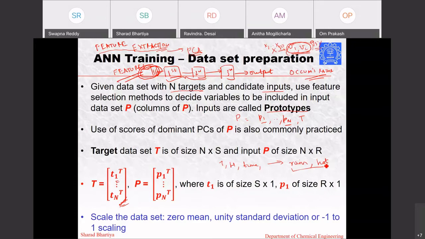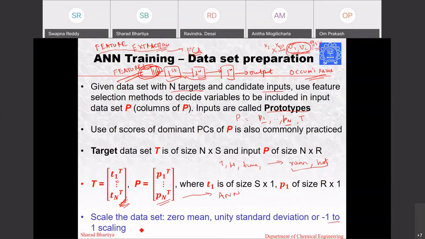Now, of course, you have your training set. You have all these examples and you have your targets, which get fed to the neural network. Very often, people will scale the data. They might make it zero mean and unit standard deviation, or they might do a -1 to 1 scaling.